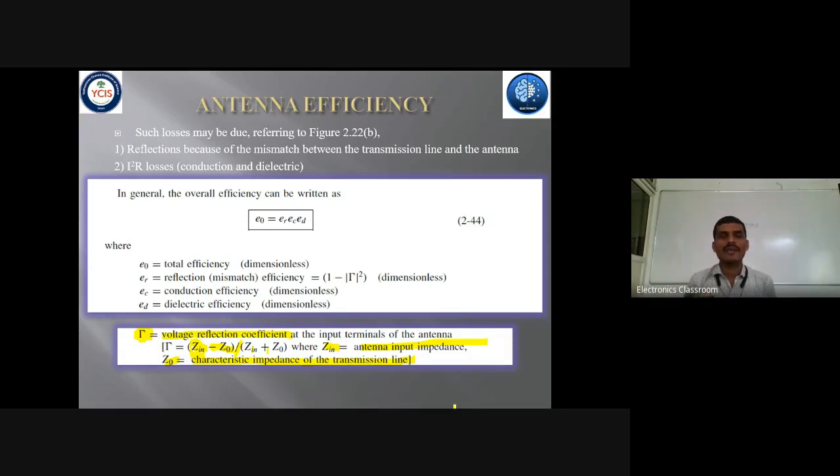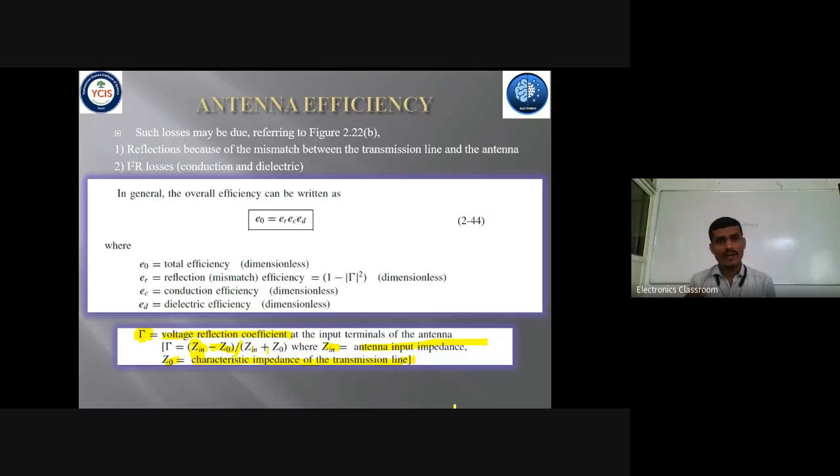In the transmission line, the characteristic impedance is considered, and in the antenna, the input impedance is considered. By using these impedances, we can calculate the voltage reflection coefficient.